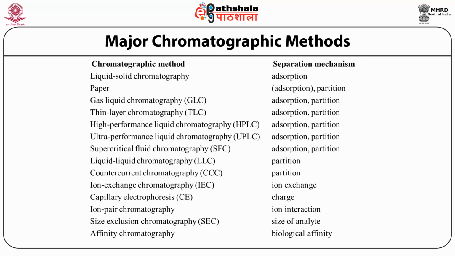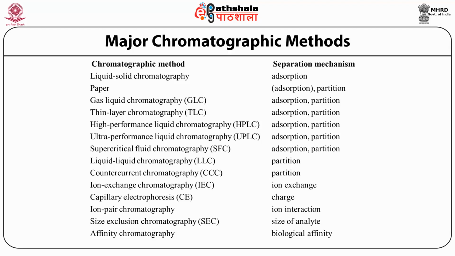As you can see at the top, solid liquid chromatography has adsorption as the separation mechanism and is the basis of several chromatography methods, like column chromatography. Then we have a very old chromatography called paper chromatography, which is amenable to both adsorption and partition mechanisms.